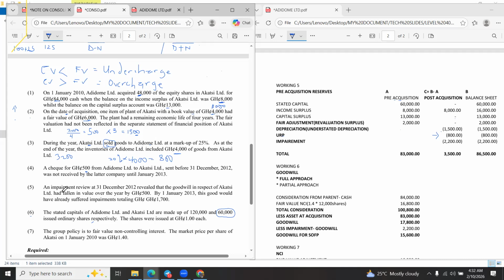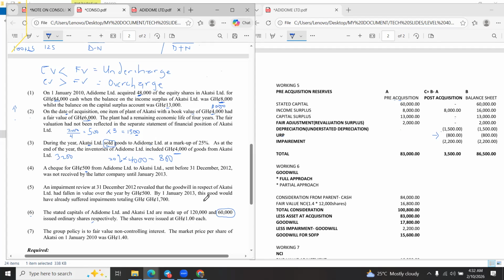Footnote number 5, which speaks about impairment. Impairment happens to an intangible item, but then some of the intangible items amortize. So rather than say depreciation, impairment is like a bad debt on the account. So they did an impairment review and then they realized that your goodwill in Akachi had fallen by 500.